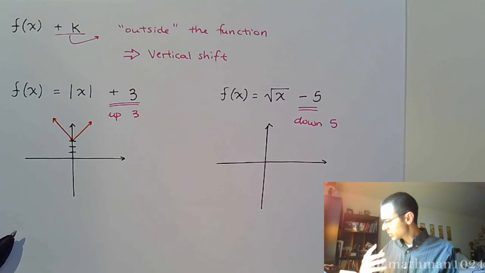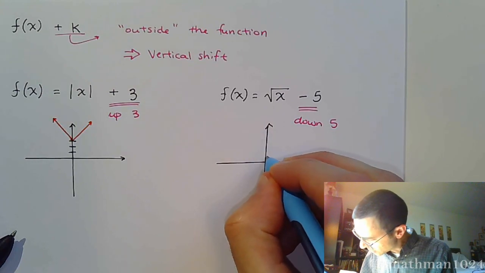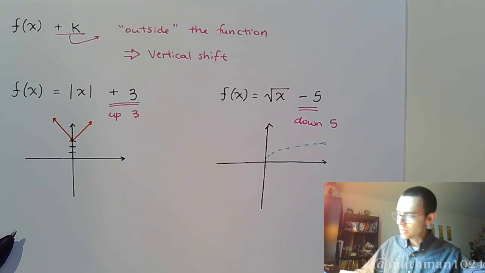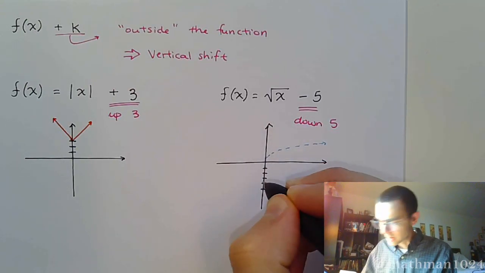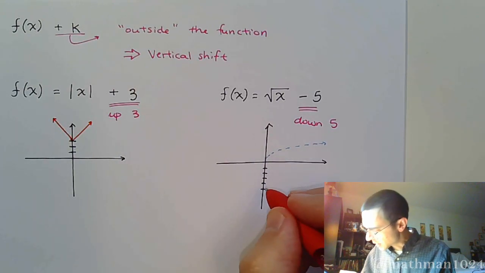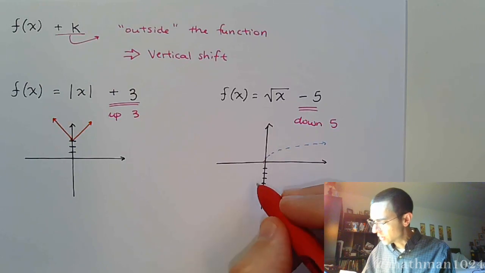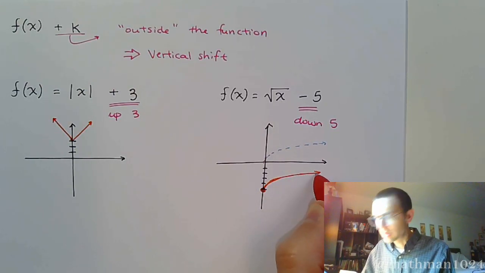Normally, just to make sure we understand what we're dealing with here, we would have had this shape right here. But now we're going to take that shape and go down 5 units: 1, 2, 3, 4, 5. So that key point that was at the origin got shifted down 5 units, and then you would just graph from there.